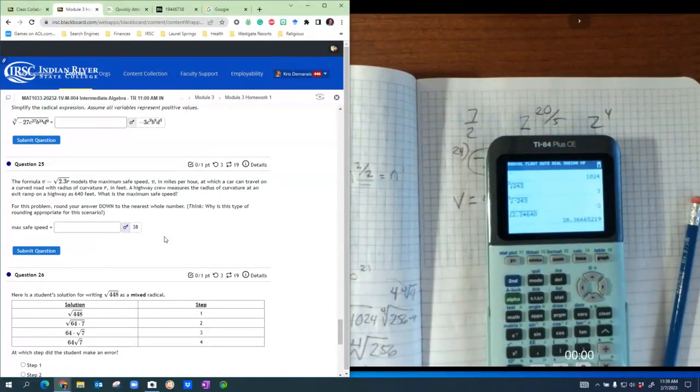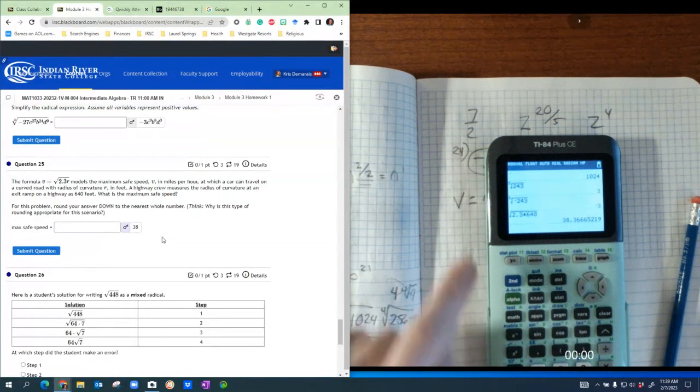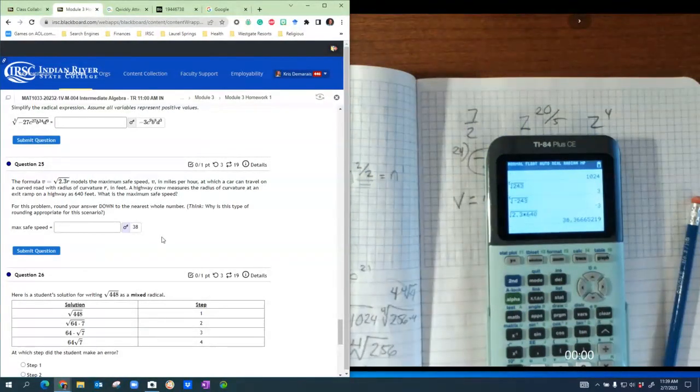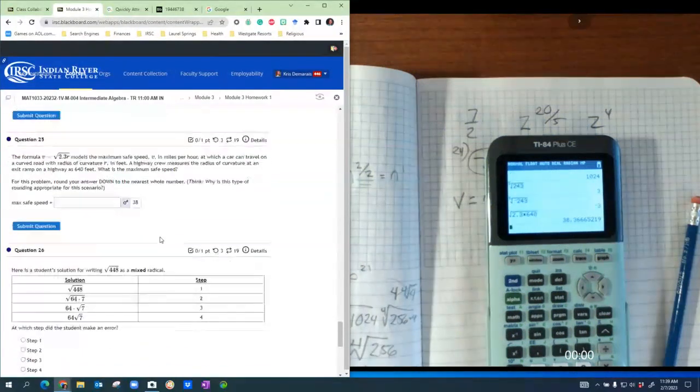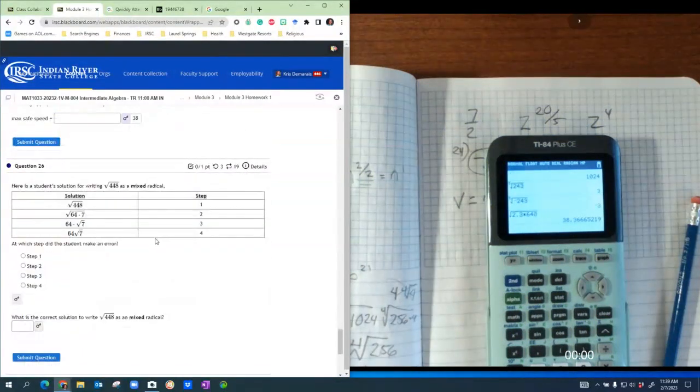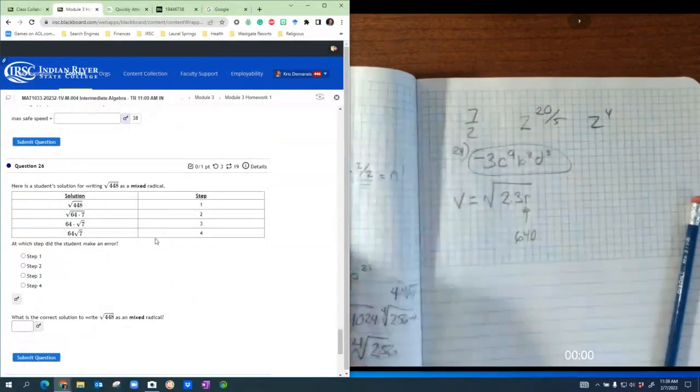If it is 38.9, you still round it down to 38, because you don't want to maximize your speed at 40 or 39 or something like that because it would be too fast. So this is a pretty straight answer, pretty easy. You might see that again, perhaps, on a test. Okay? That's word problems. Now 26.